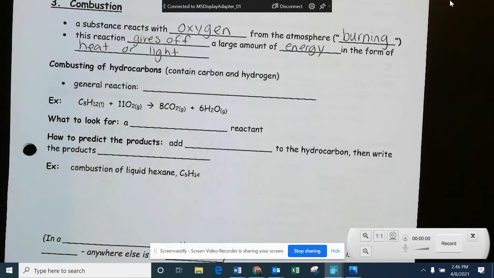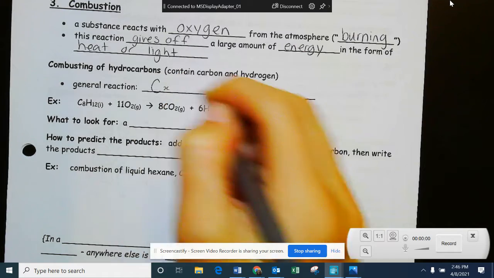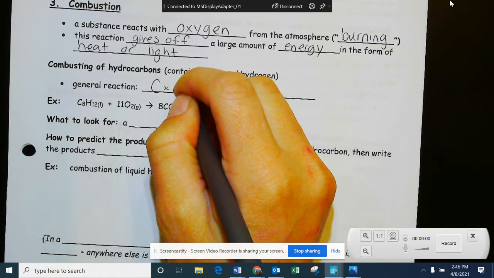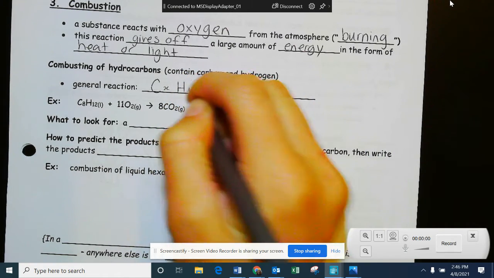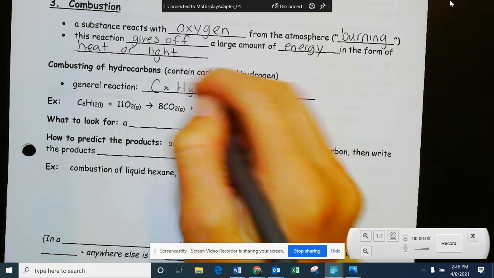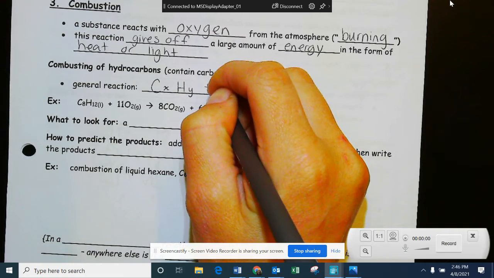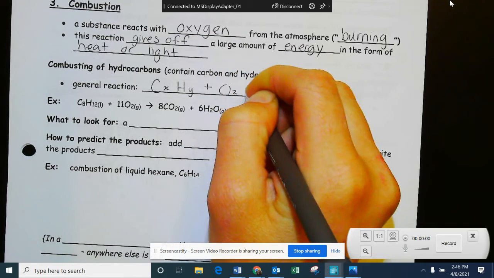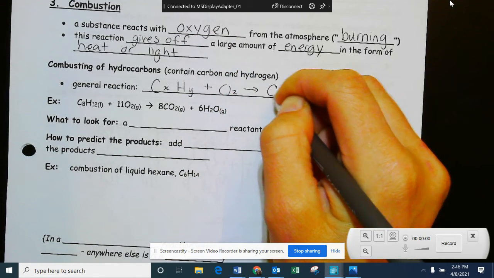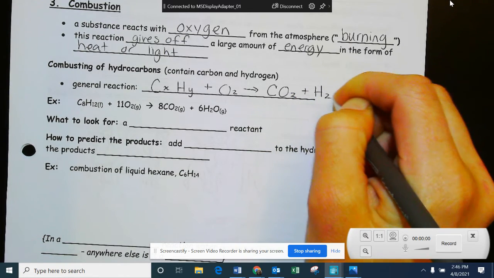So the general reaction is going to be C and then x for some amount of the carbon, H and then a little y. So that's just the subscript. It's like there's some amount. Goes to, or plus O2 goes to, and then our products of combustion are always carbon dioxide and water.